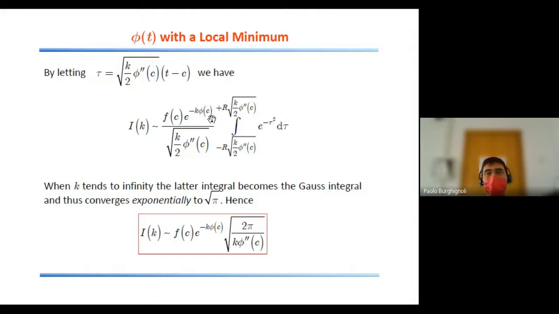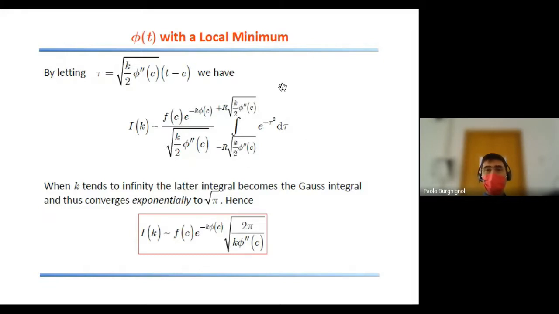And now the last step is that k is a large parameter, so it tends to infinity. The integration limits go to plus and minus infinity, so they converge to the Gaussian integral. And this convergence is exponential, so you can replace these finite integration limits with the infinite ones without introducing appreciable errors.